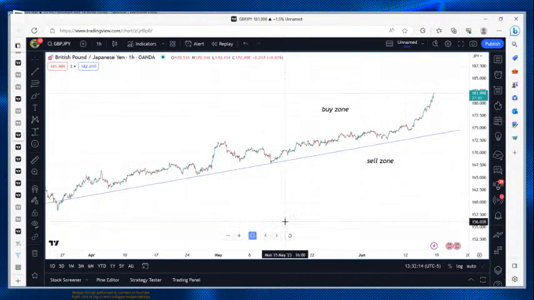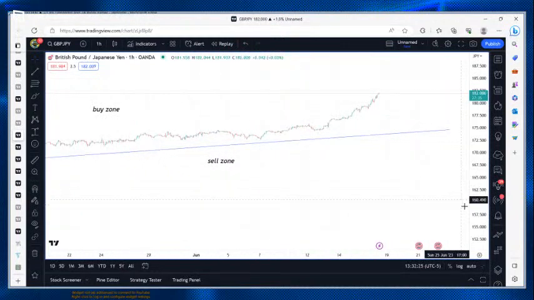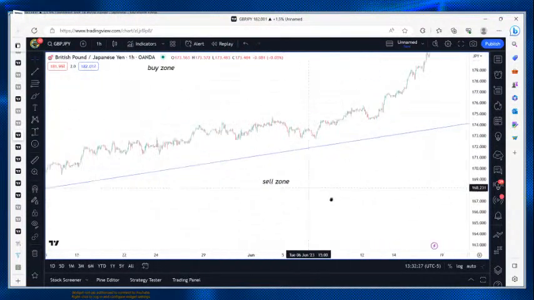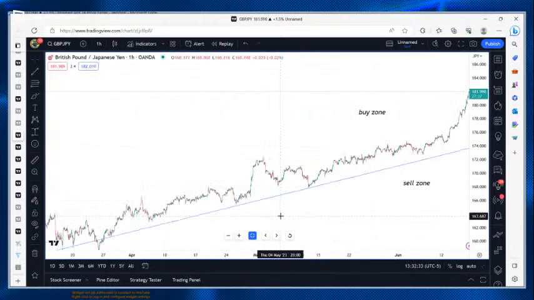But as you can see, when the market gets to this blue line, this blue angle, it goes up. So our strategy: once we get to a known level of U-turn, because the market U-turns at, on, or around the same price points.